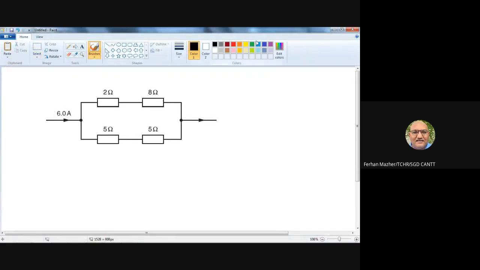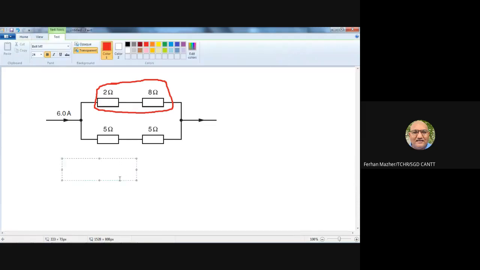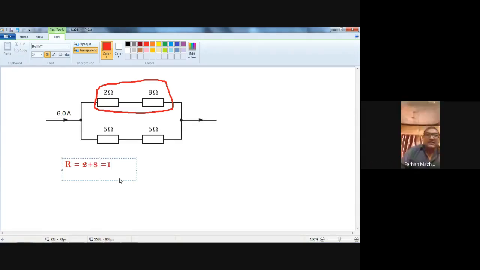So first of all, I will check what is the combined resistance. They are connected in series. Let me call it R, and that will be equal to R1 plus R2 because they are connected in series with each other. So this will be 2 plus 8, and that will be equal to 10.